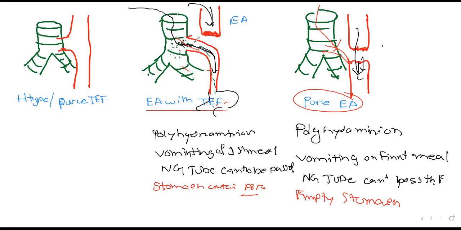And there will be laryngospasm, and because of laryngospasm, the baby will develop secondary cyanosis.